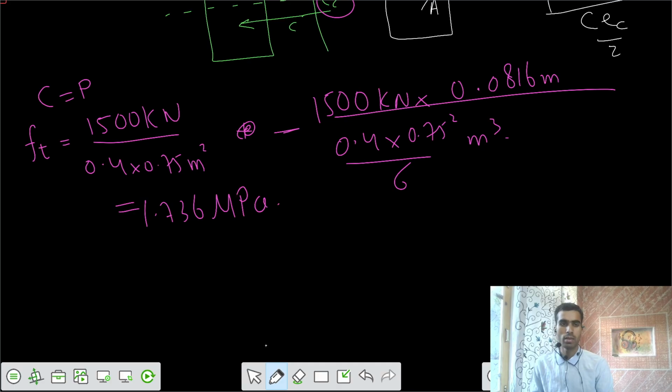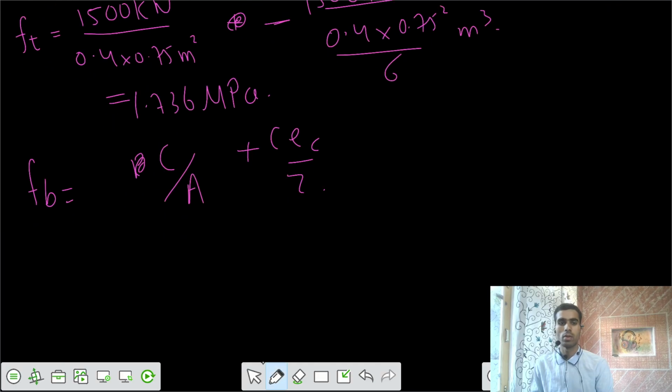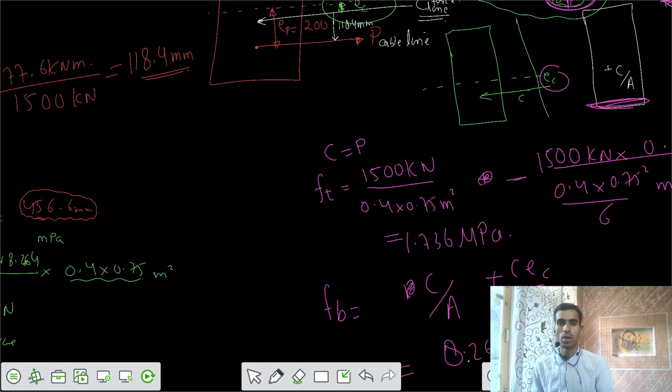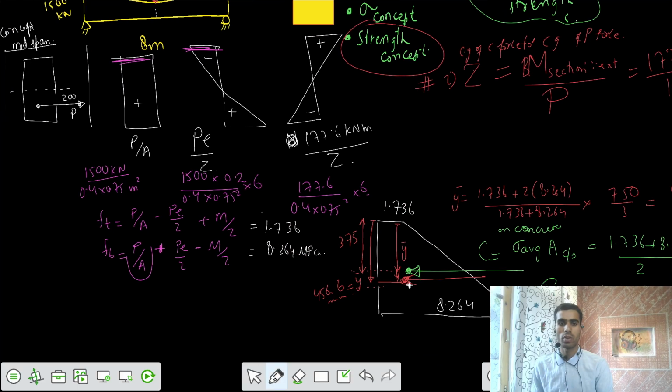The second part is the stress at the bottom, that is C by A plus C EC by Z. That value is equal to 8.264 megapascal. These two values we have already got based on the stress concept. You can see.